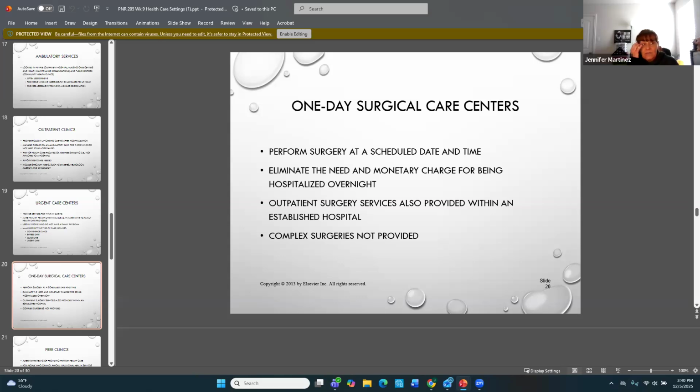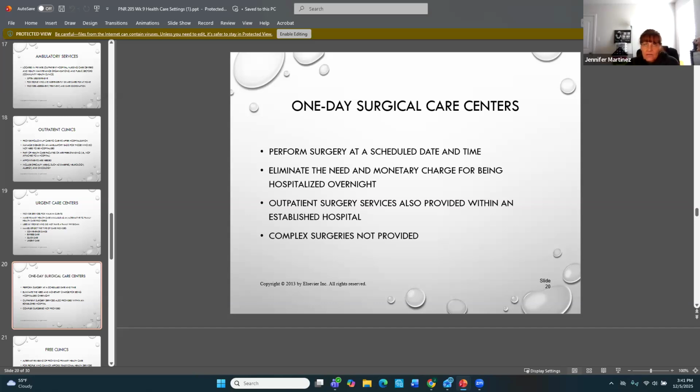Most surgeries can be performed in an ambulatory surgery center. However, if it is complex, or an emergency surgery, or something where they may need to stay overnight after the surgery, they're not going to be in the one-day surgery center.